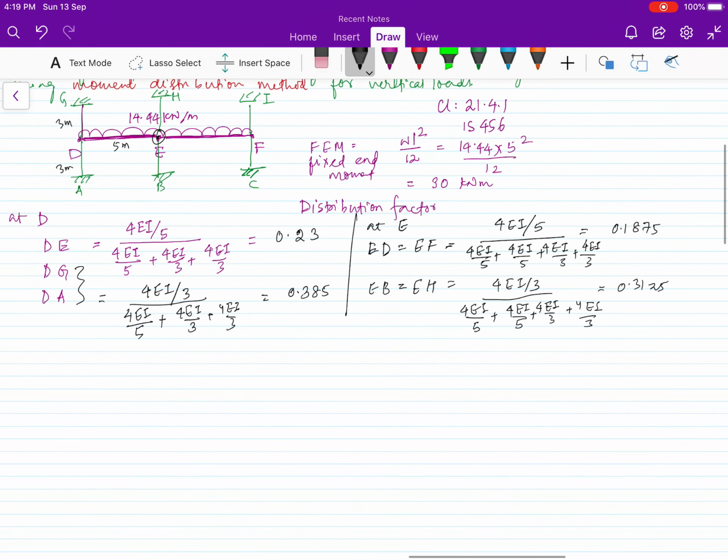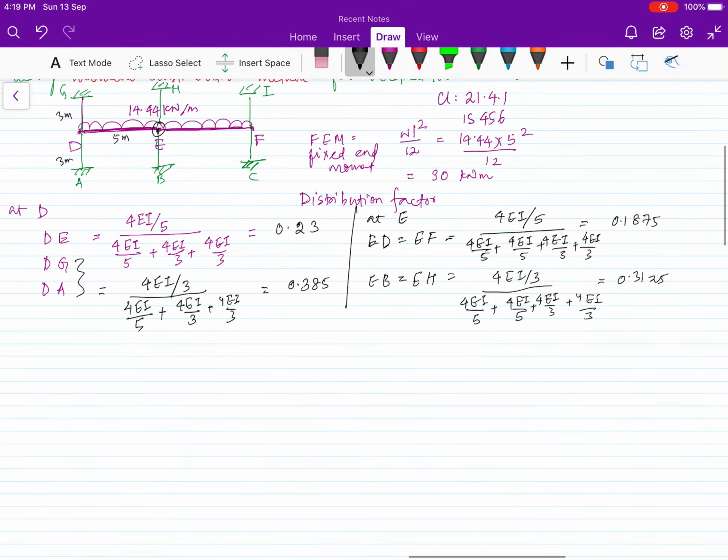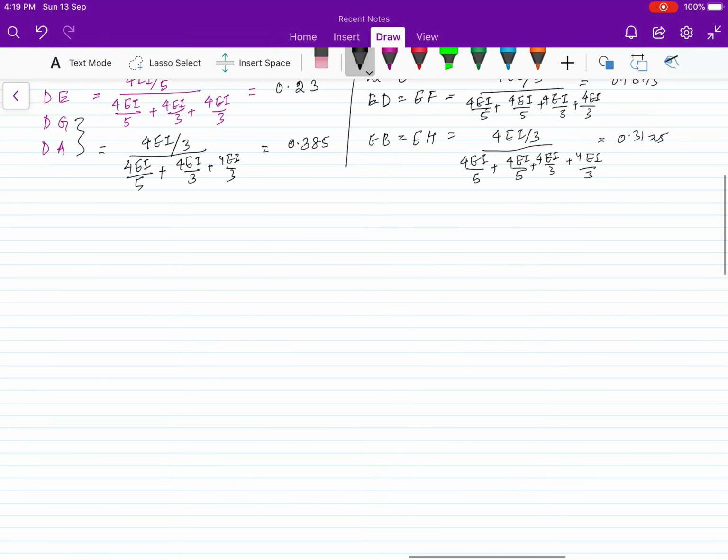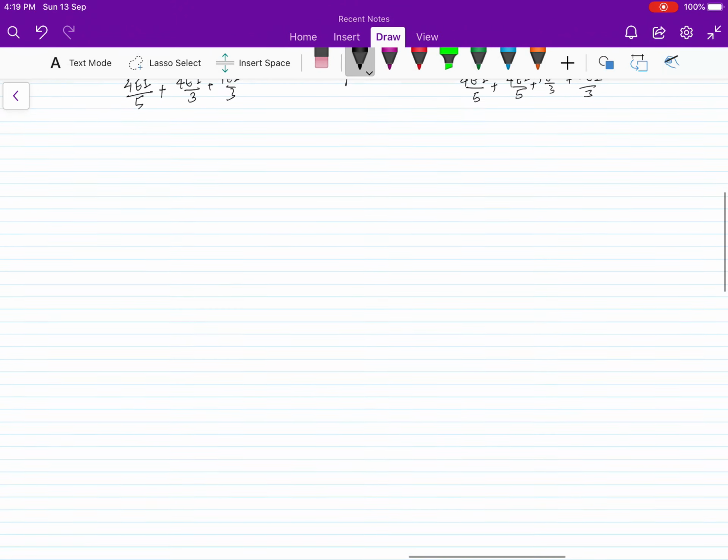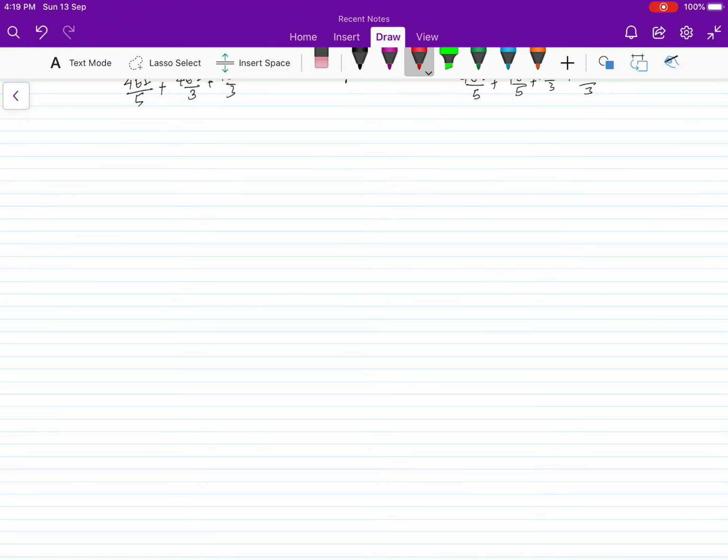Now we are going to analyze this frame using the moment distribution method. So I'll make the columns. So let me write down, otherwise we'll make a box. First element is D. So this is connected to E node and then is F. So these are the beams.